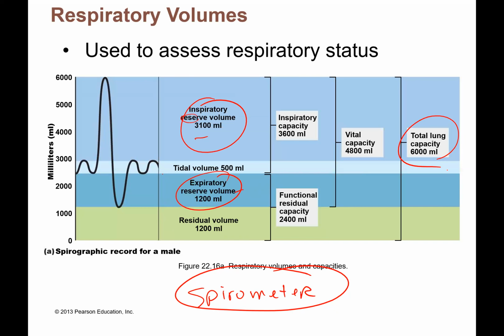So if you're a humpback whale, it's probably 60 million milliliters, I made that up. I don't know. Their lungs are just so big in a humpback whale, right? Then you have humans, and then you have super athletes like Lance Armstrong, and just anybody else that's an endurance athlete, where their total lung capacity would be very impressive. And then you have the size of the person, because their lung field is so big, like Shaquille O'Neal.